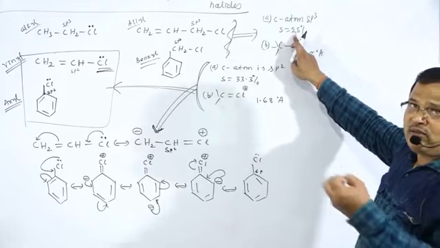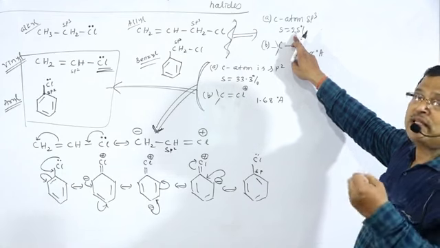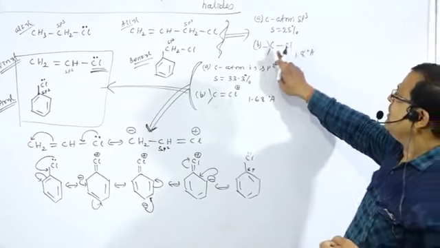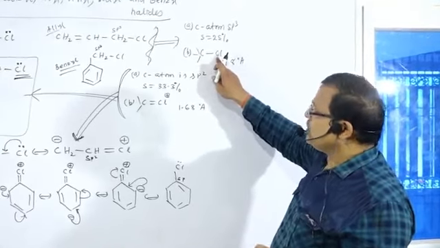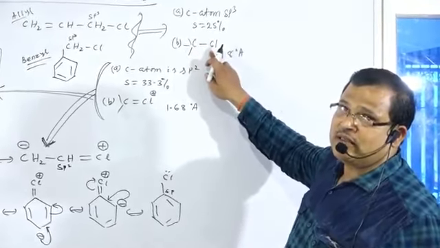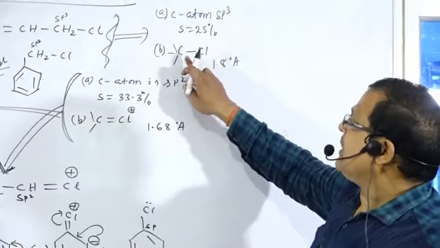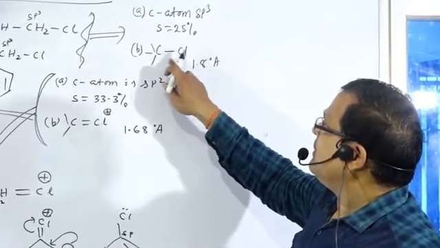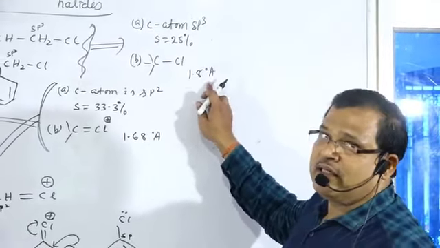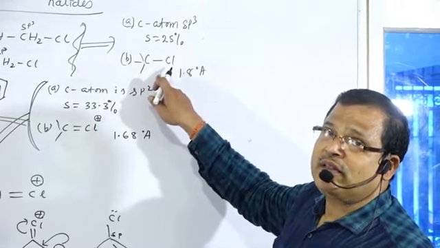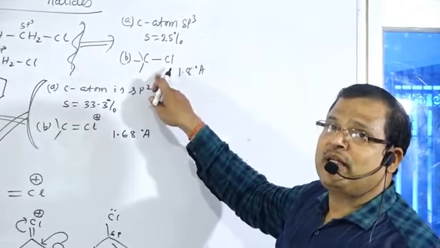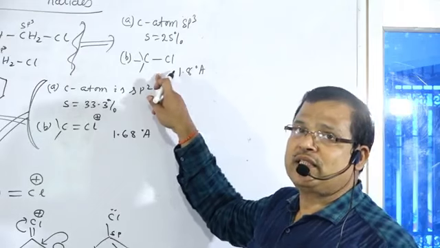Penetration power towards the nucleus is less, which means bond strength is less. Moreover, due to lack of conjugation there is no resonance, and the carbon-chlorine bond is always a single bond.